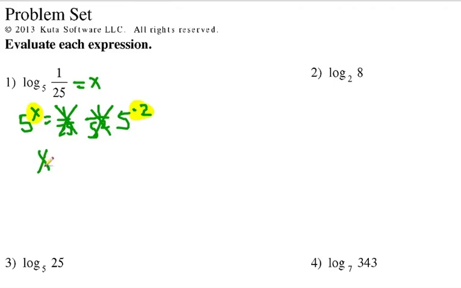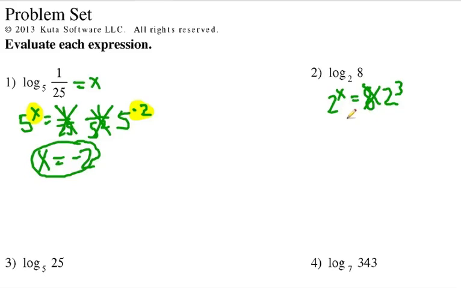Therefore, x has to be equal to negative 2. Alright, we're going to check that with the change of base formula in a moment. But let's go to number 2. 2 to the what power equals 8. Well, we know that 8 is really 2 to the third power, and so x must be 3.